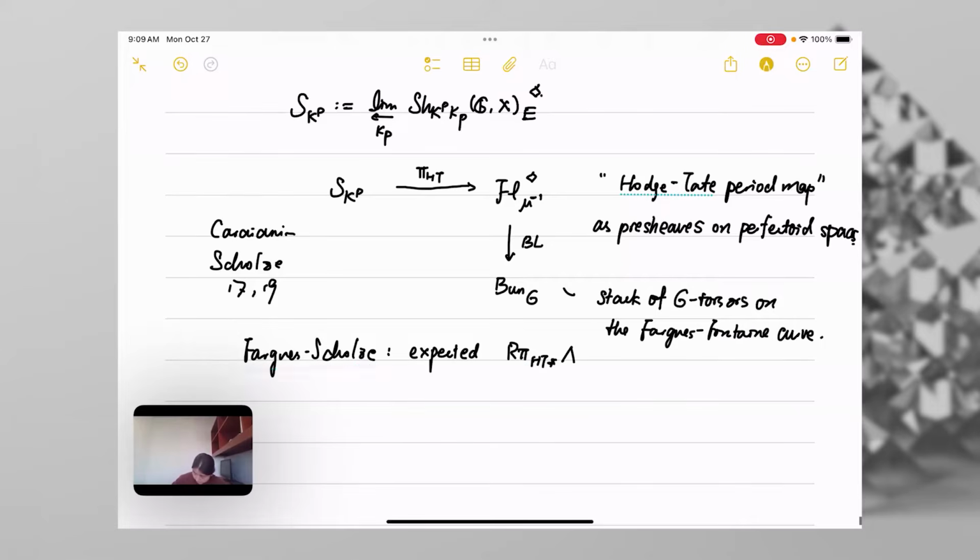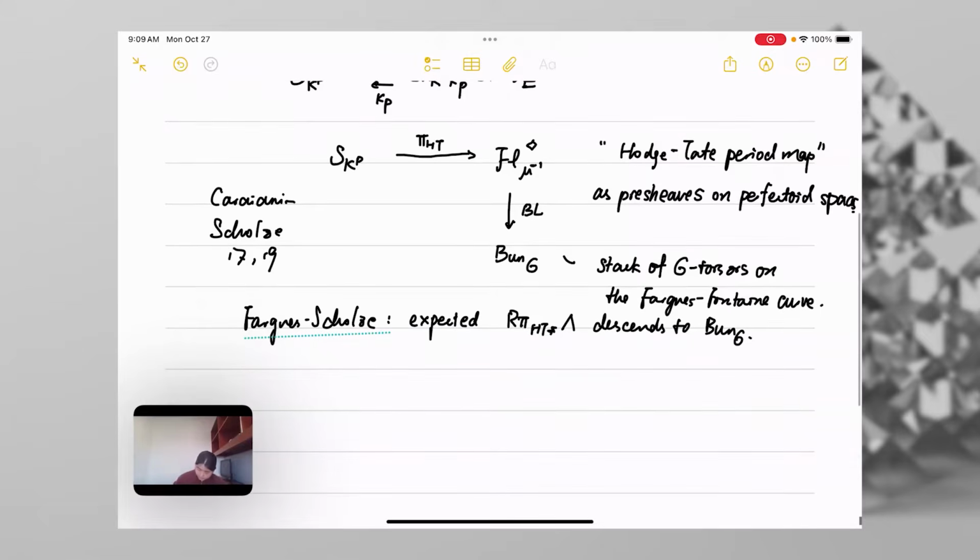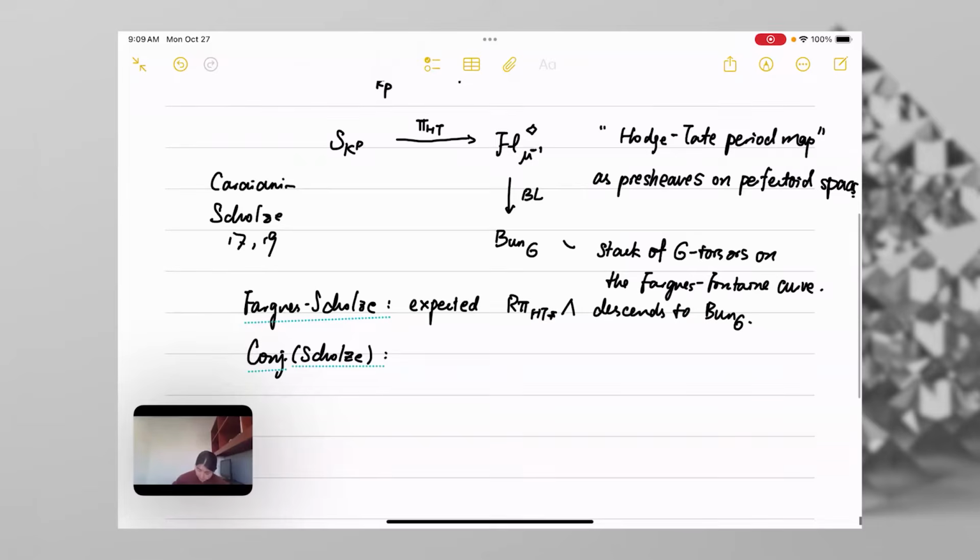For example, we fix some p-adic or torsion coefficient ring Lambda, and the pushforward of the trivial sheaf should descend to Bun_G. It is in this context that Scholze made a stronger conjecture, that this phenomenon of descent already happens on the geometric level, in the sense that the Shimura variety itself should descend to Bun_G.